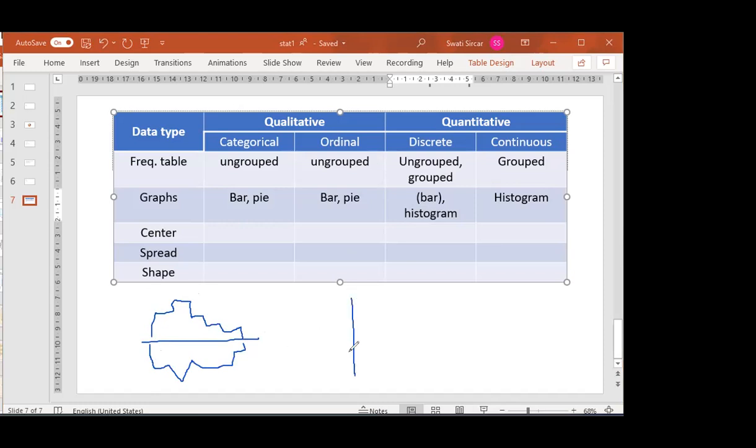Of course, it can be done this way also: you have a histogram like this, and you have the corresponding one, and you can definitely compare. That's one possibility, but you can do it only for 2. If you have to compare 3 such histograms, that can be quite difficult. But with this other graph, you can say the sister or brother of the histogram, you can do it very, very easily.